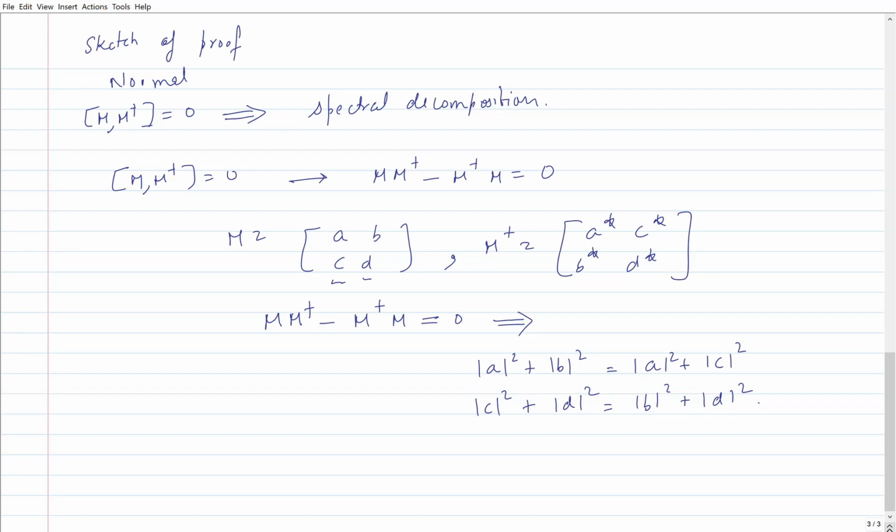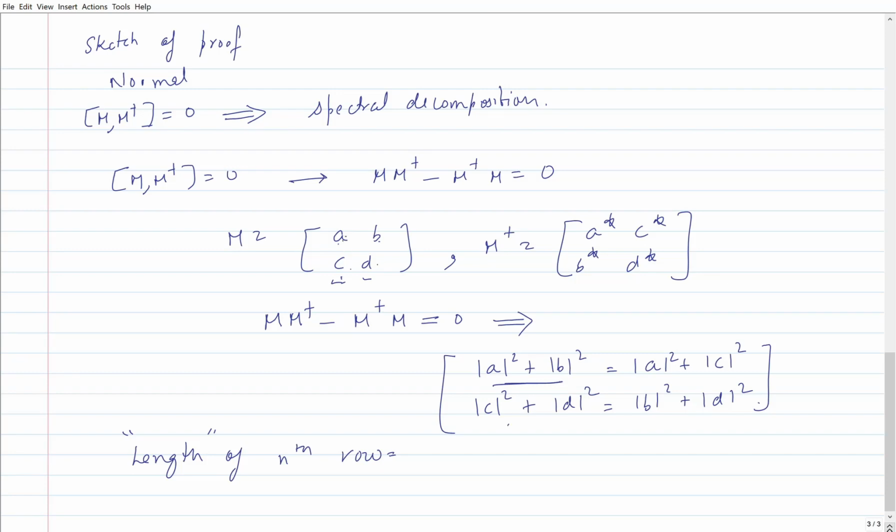So in general, this means, see, this is the length of something. Whenever such a quantity comes, this indicates a length. So in general, it means that the length of the first row, and this is the length of the first column.